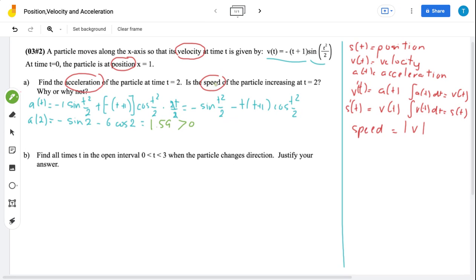Now they ask whether the speed is increasing or decreasing. From what we learned about increasing or decreasing functions: if the function is increasing, that is equivalent to the derivative being positive. If the function is decreasing, then the derivative is negative.